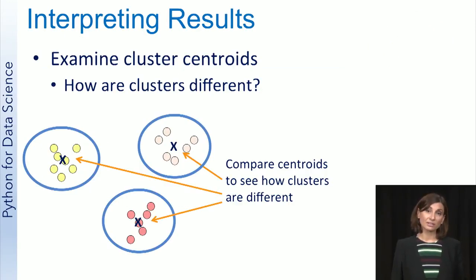At the end of k-means, we have selected a set of clusters, each with a centroid. Each centroid is the mean of the samples assigned to that cluster. You can think of the centroid as the representative sample for that cluster. So, to interpret the cluster analysis results, we can examine the cluster centroids.